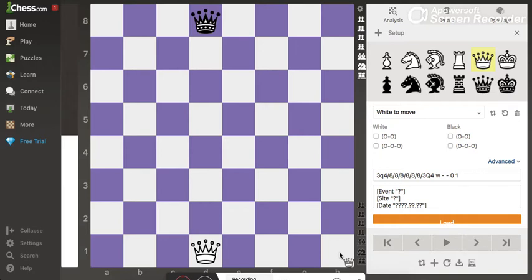Some players, since some boards don't have these numbers and these letters, arrange it this way. So suppose this side is white and this side is black. This is a very wrong way of arranging. Some people do it, beginners who are trying to learn chess.